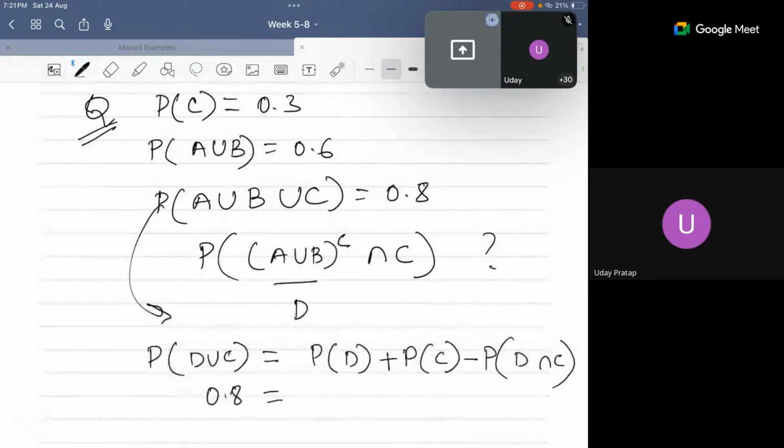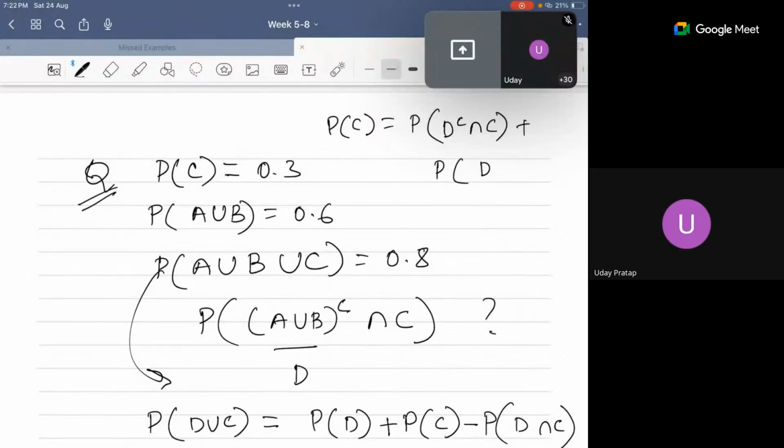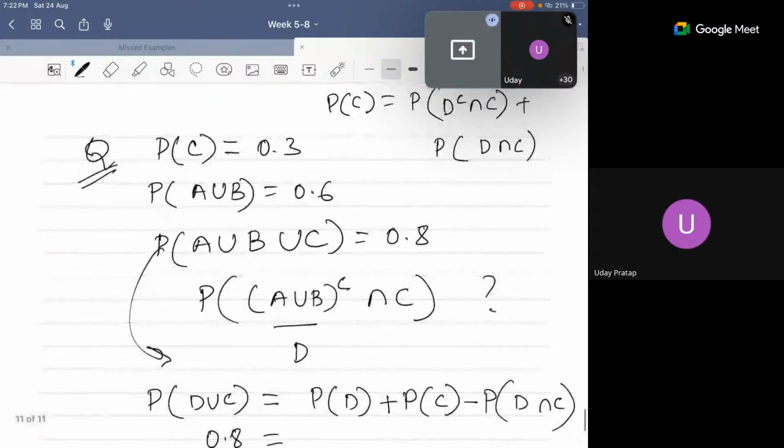So 0.8 equals this, and from here you convert. Probability of C is what? You can write it like this: probability of D complement intersection C plus probability of D intersection C. Correct?